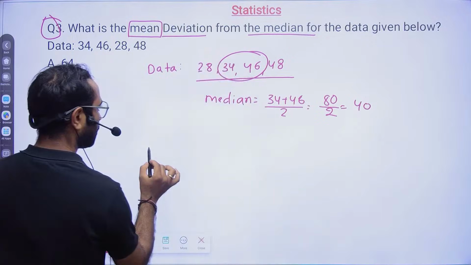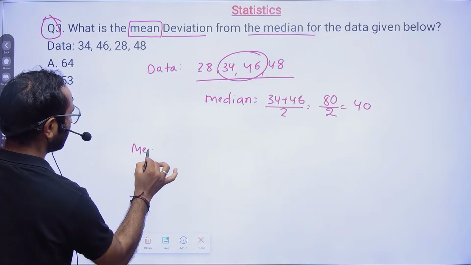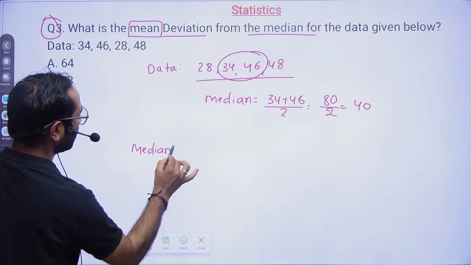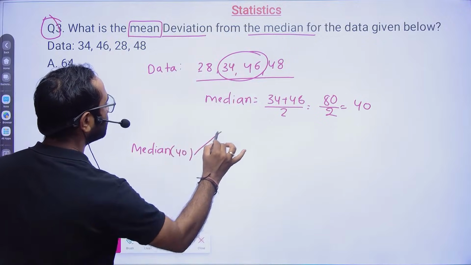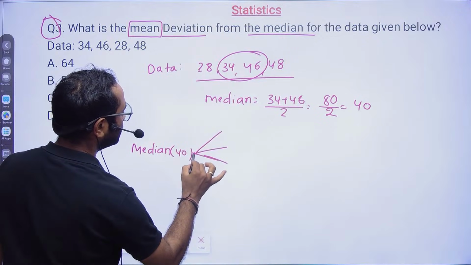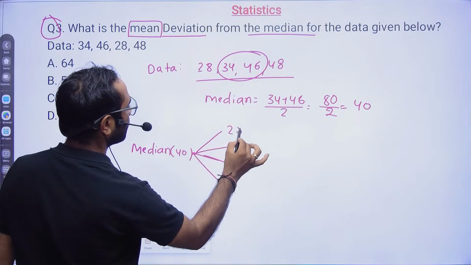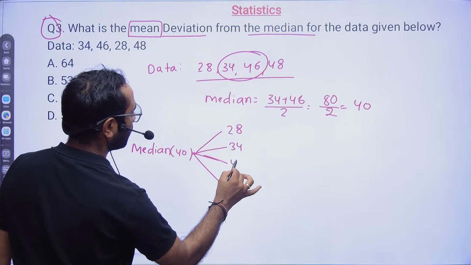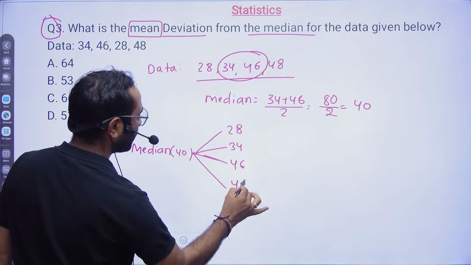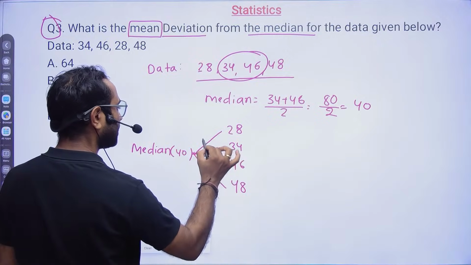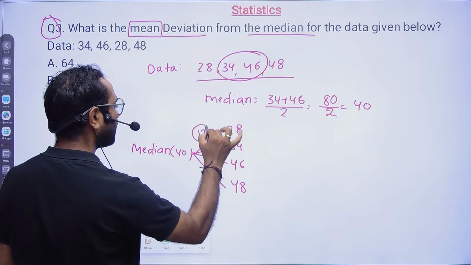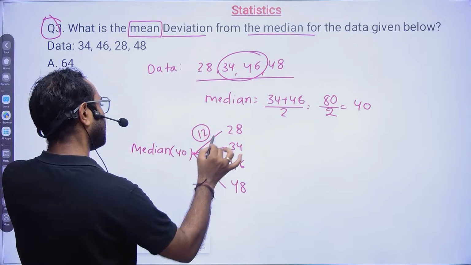So I got my median, which is 40. Now the data points are 28, 34, 46 and 48. What is the deviation? So deviation here is 12. Okay, so plus minus you don't have to think.